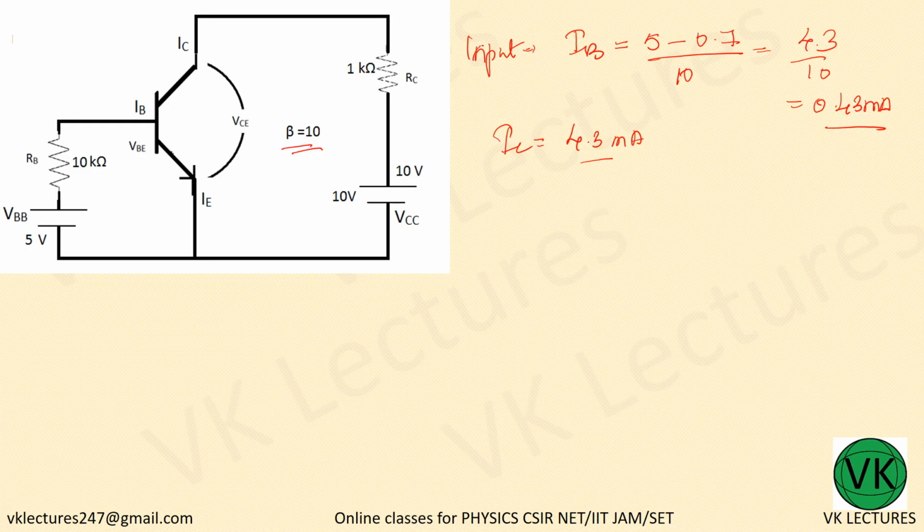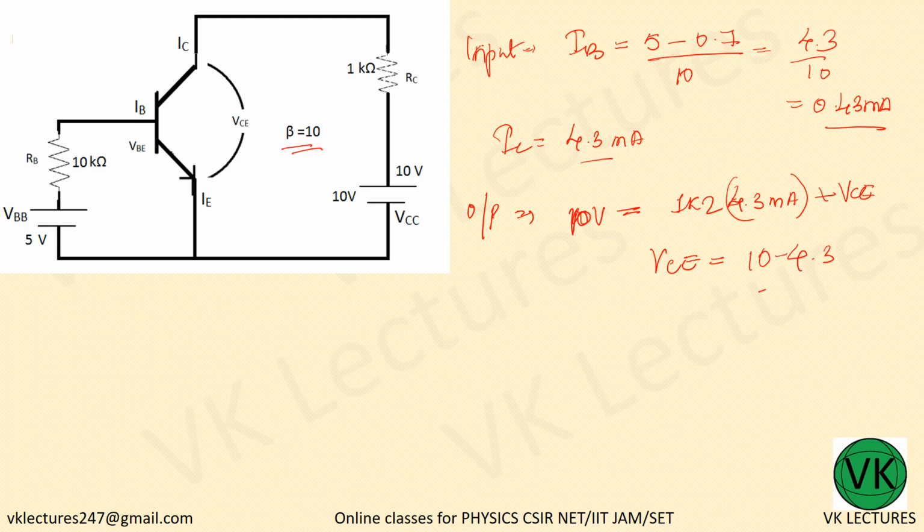Now applying to the output, what we have? 10 volt is equal to 1k into IC, that is 1 kilo ohm into 4.3 milliampere plus VCE. So VCE equal to 10 minus 4.3, which is equal to 5.7 volts.